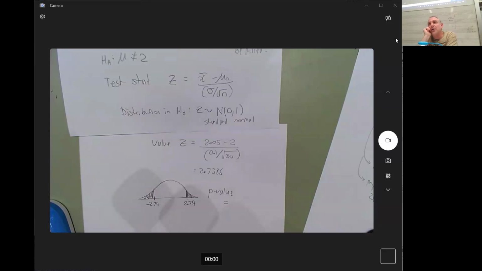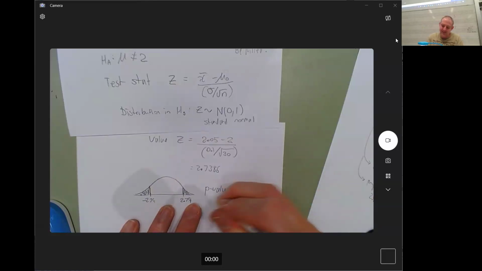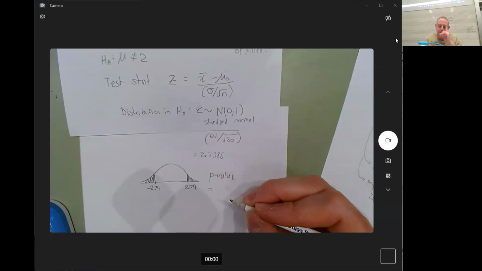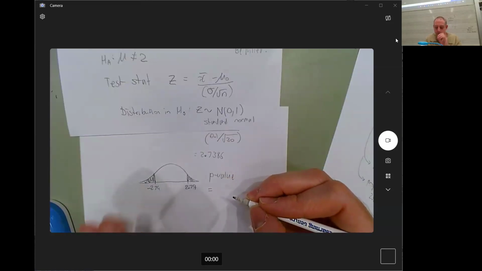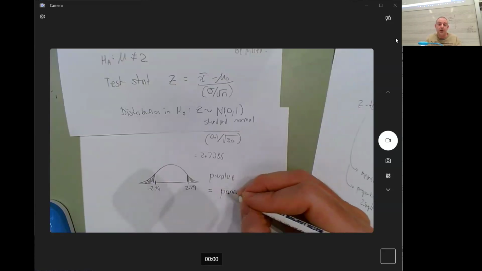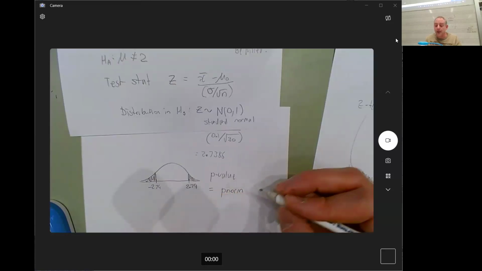So if you were in R, you would do pnorm. So it's definitely pnorm, because we've got a normal distribution and we're doing a probability. That's what the P stands for.